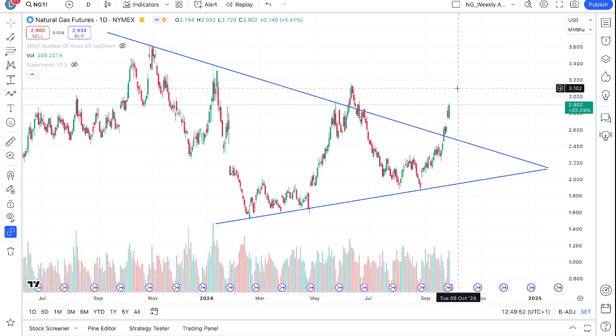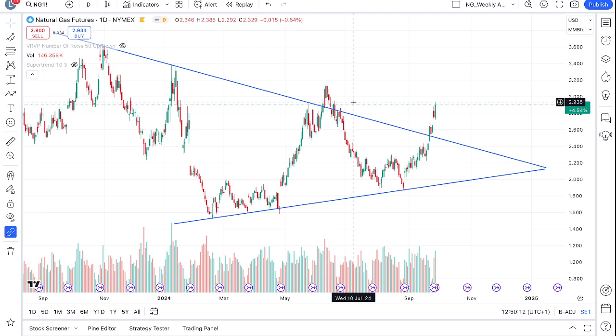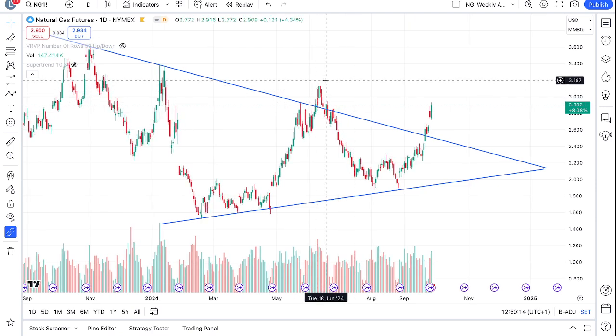One may argue that we have seen a breakout here as well. This is the 11th of June, which was roughly 3.15. Yes, one can argue this as well. It did break out here, but was not able to hold the ground and had to come back down.